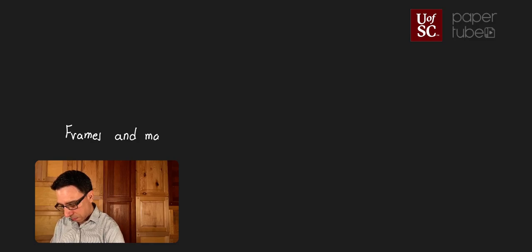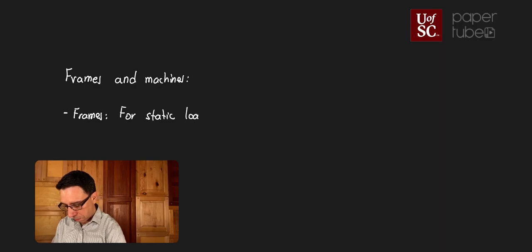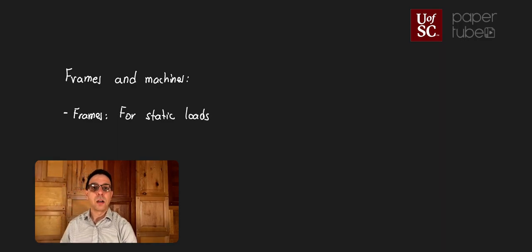So when we look at frames and machines, remember, just to write this down again: frames and machines. Frames are usually for static loads, and frames are used quite a bit in buildings and stadiums and things like that.